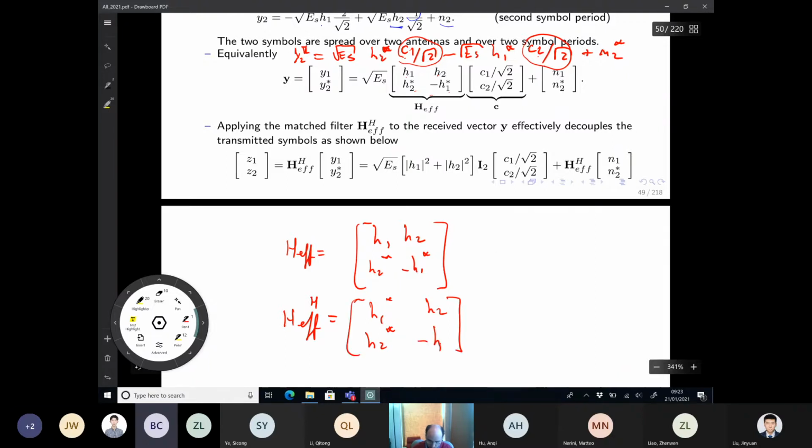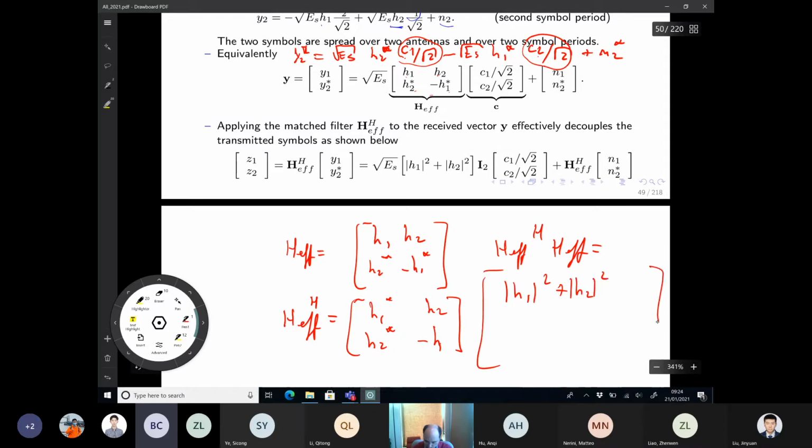And what happens if I do H effective Hermitian multiplied by H effective? We take this row multiplied by this column. I'm going to have the magnitude of H1 squared, this one multiplied by this, plus this one multiplied by this. That's going to give me this.